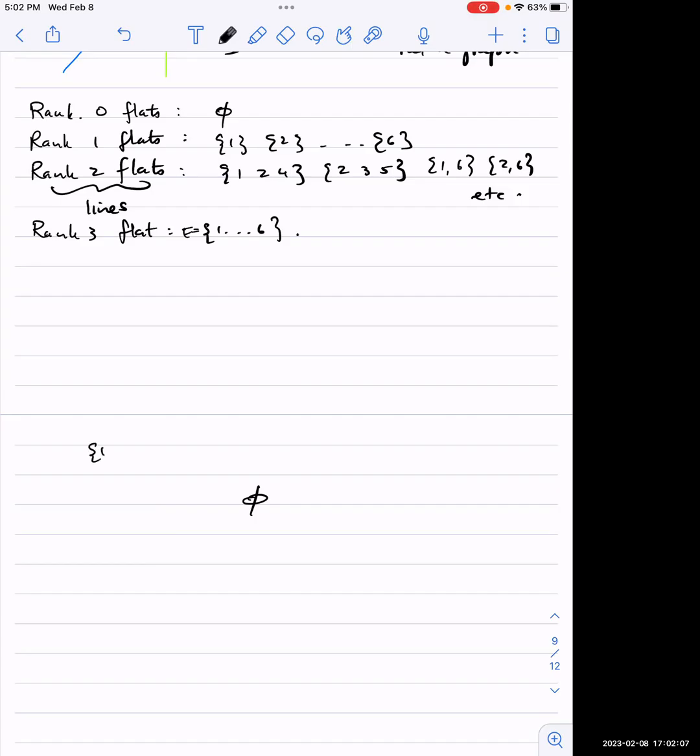We have 1, 2, 6, and there are lots and lots of these pairs of points. I only put down a couple there. But 1, 2, 4 is a non-trivial line, and actually 1, 2, 4 is a circuit here. And 2, 3, 5.